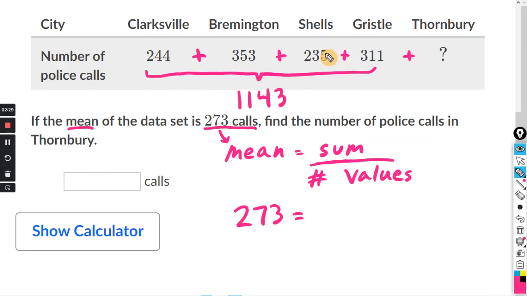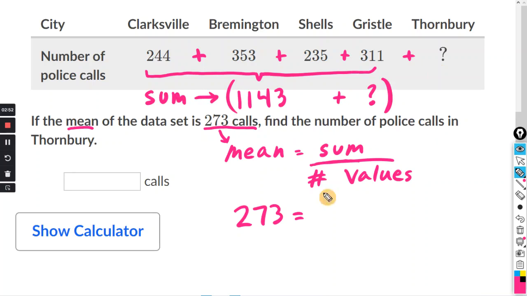Adding these four numbers, I get 1,143. And that is also going to be plus the question mark, the missing value. So these two values right here added together is the sum of this data set.